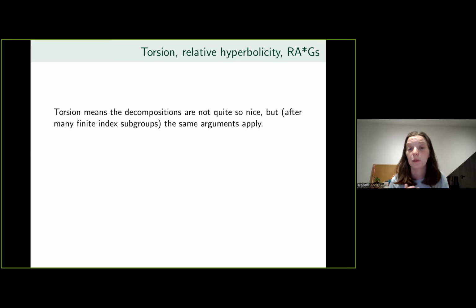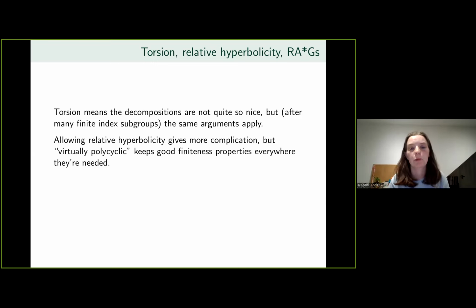The same arguments end up applying. That's very, very briefly how that works. Relative hyperbolicity, again, makes the decompositions more complicated, but the same structure follows.